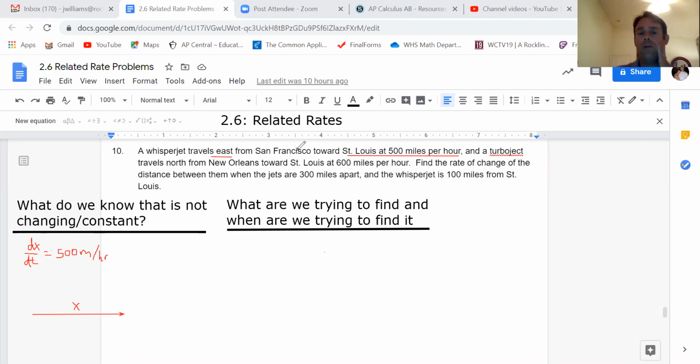And then we have another plane that's traveling north. Okay, well, traveling north from New Orleans to St. Louis. All right, we'll go ahead and call that one Y then. But more importantly, it's traveling at 600 miles an hour. All right.